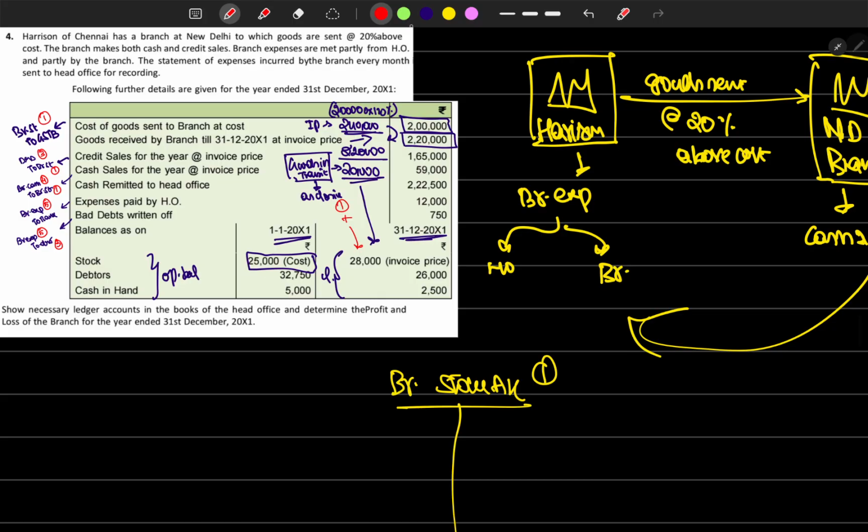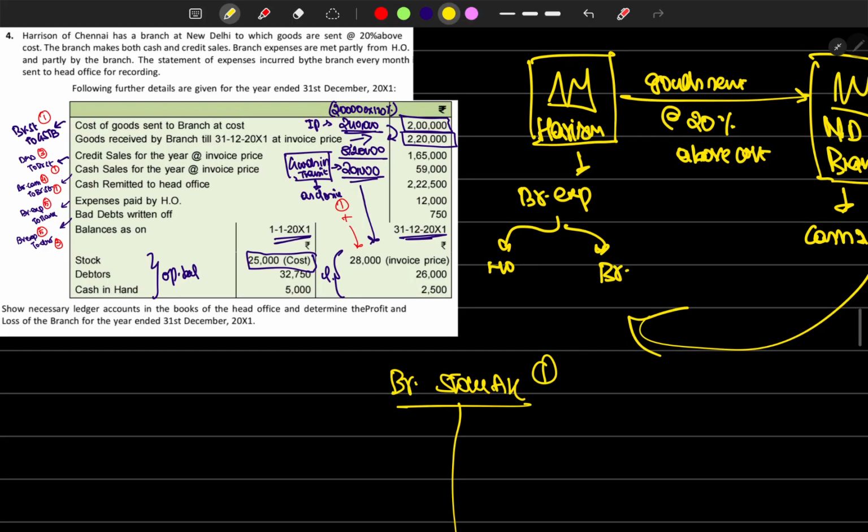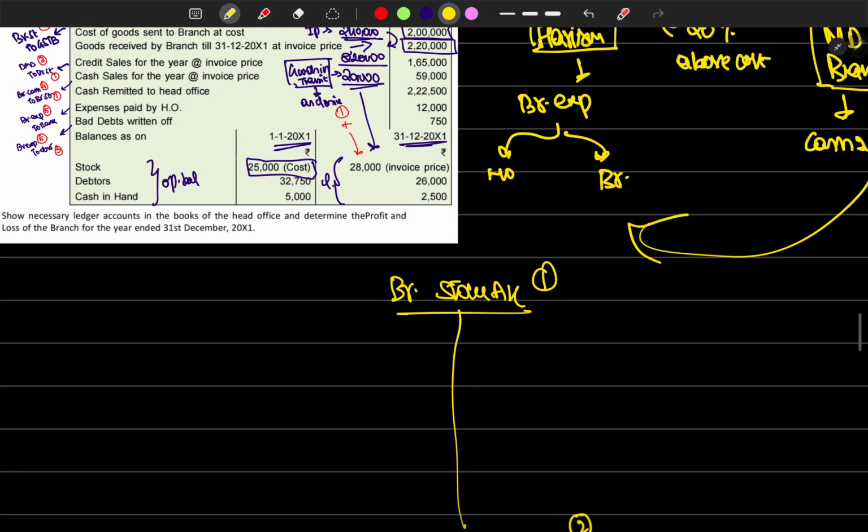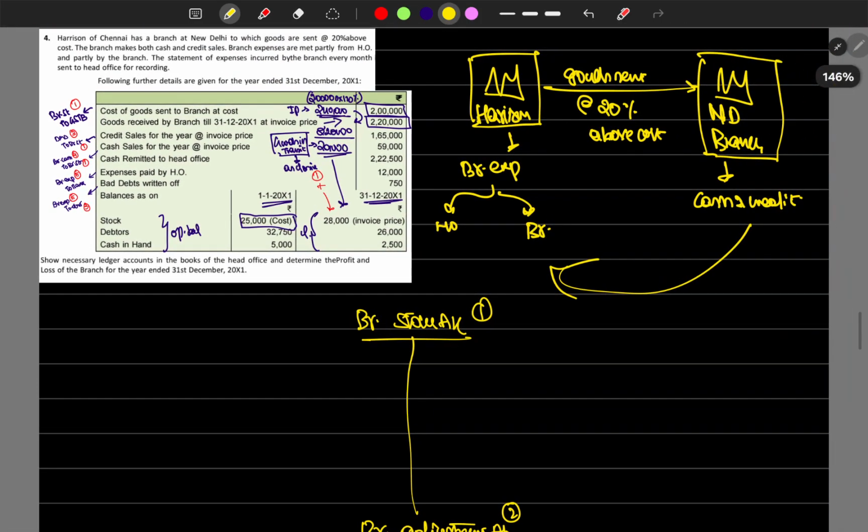Now let's take this. Let's quickly fill the balances. To balance brought down, which is 25,000 they have given. We have to show it in the invoice price, which is 120%, which is actually plus 20%, which is 30,000.